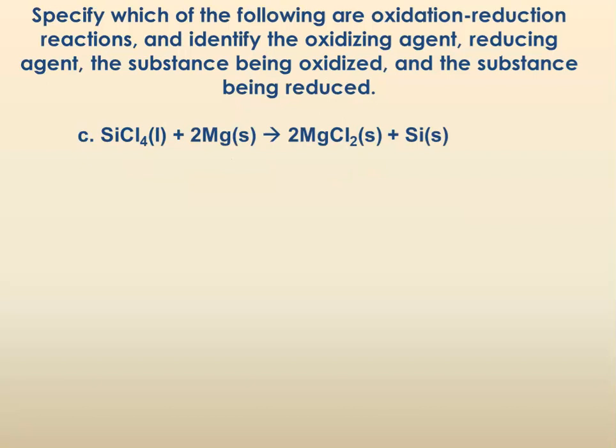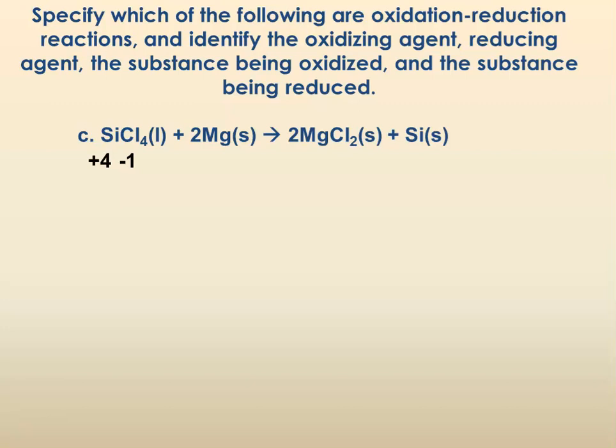In letter C, we have silicon tetrachloride and magnesium makes magnesium chloride and silicon. I believe this is our last example. So if we look at what we have been given, we can tell that chlorine is always going to be -1. Sorry, we're doing them one at a time. We've got 4 -1s, so silicon would need to be +4 to balance it out.